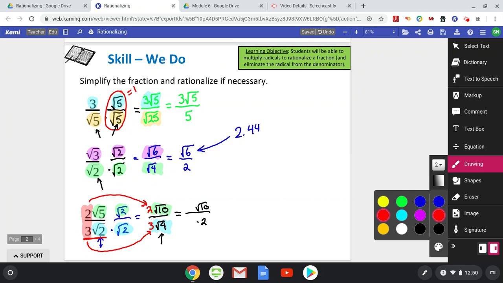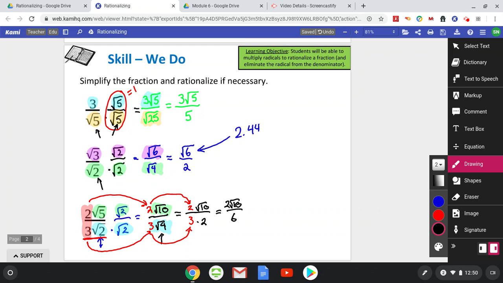And just as we did before, I'm going to move the 2 over, and I'm going to keep bringing the 3 over. The bottom can be simplified further. 3 times 2 is 6. The top we cannot simplify any further, therefore we will leave it at 2 square root of 10.